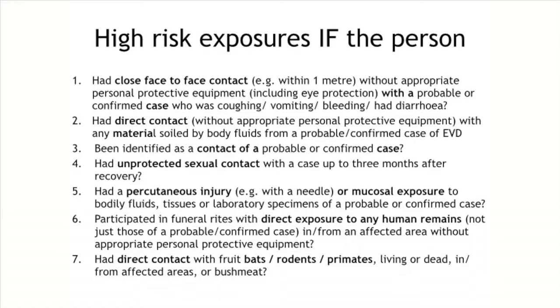So this is the list of the high-risk exposures. This is a busy slide. I've just bolded some of the key points. Some of them have been mentioned earlier today.